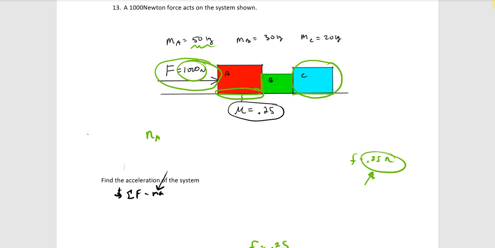Now, find the force between C and the ground. You have a normal force at this surface, which is up on mass C, and therefore down on the ground. Then you also have a frictional force on this object, and I'll let you decide on the direction it is on mass C and on the ground. But those are the two forces that the third part of this problem is asking about.